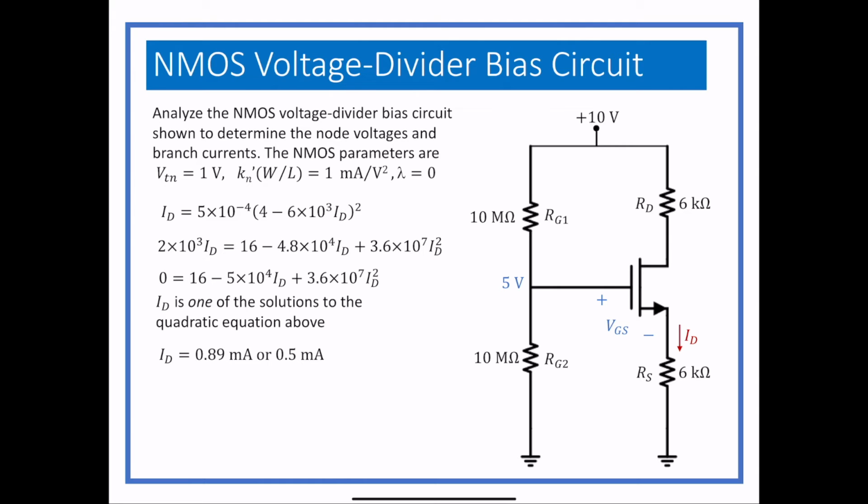I will tell you that most of the time, if we take the larger value, 0.89 milliamps, and we calculate what VS would be, because we can take RS times ID, we get a value for VS that's greater than the gate voltage, and that won't work.